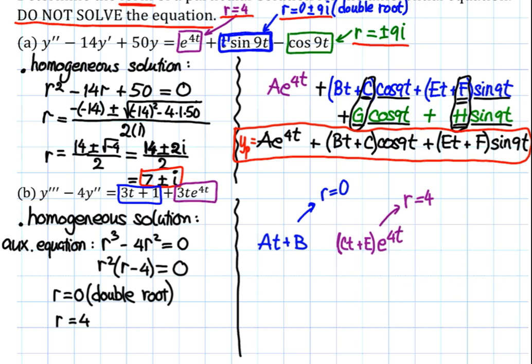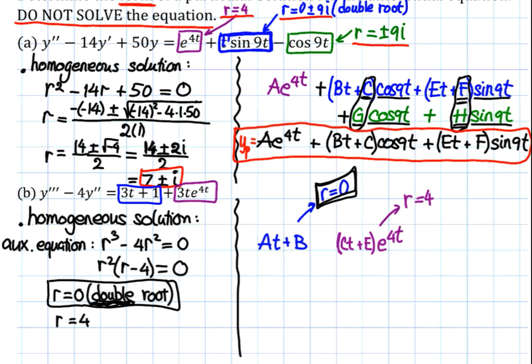We see that we have r equal to 0, and it is the double root, meaning that the same solution of r equal to 0 appears twice, or multiplicity of 2, in the homogeneous solution.